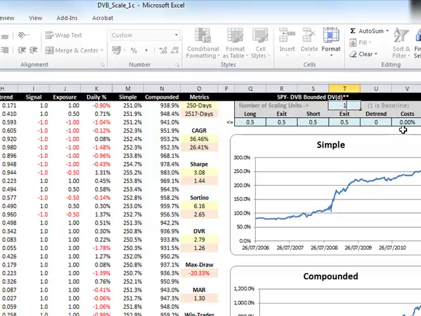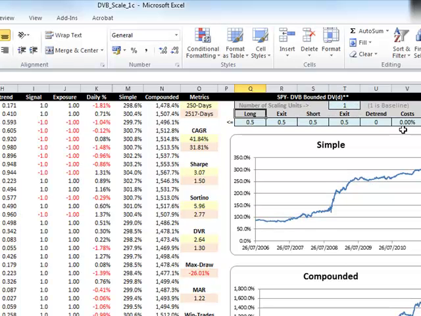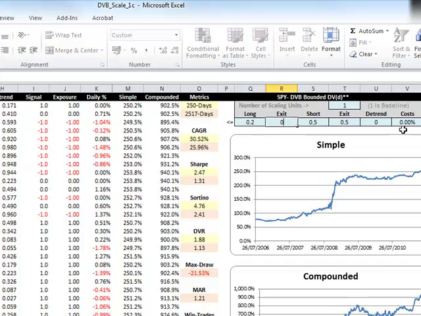Now let's have a look at some of the advantages of looking at maybe more extreme positions. So let's just say you enter, I'll just set this up.